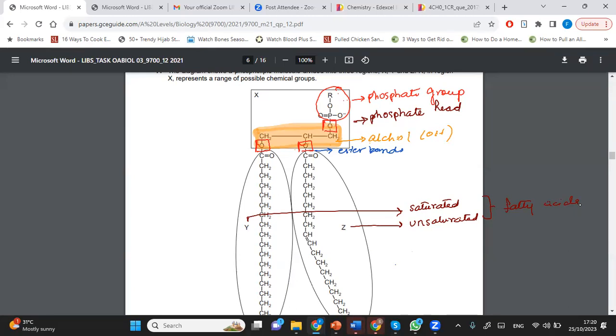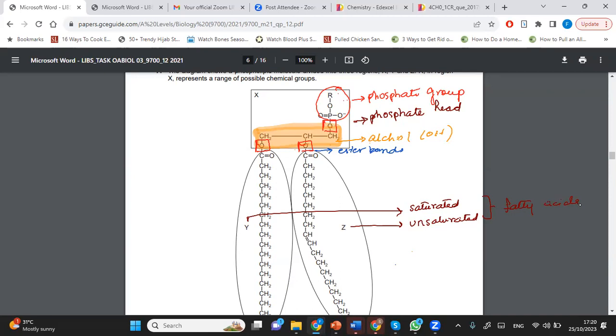So what region increases the permeability of the hydrophobic region? What do you think? You have the option of the phosphate head. Say it again. The Z, the unsaturated fatty acid. Unsaturated fatty acids, as we have studied, increase the permeability of the membrane and they increase the fluidity of the membrane.